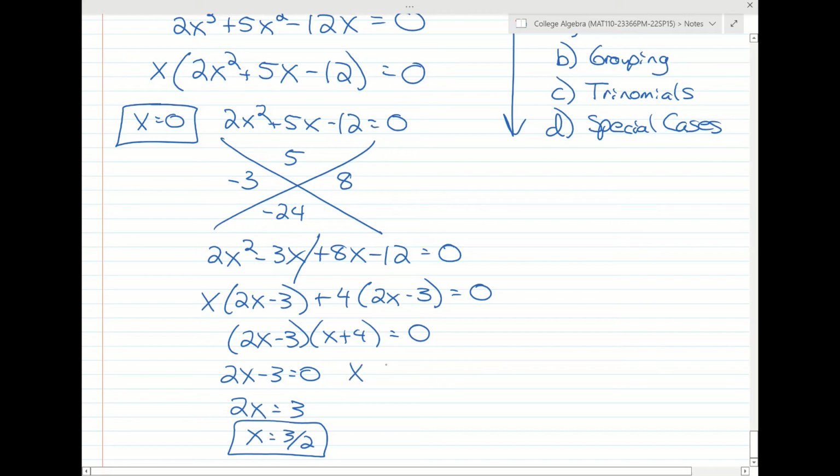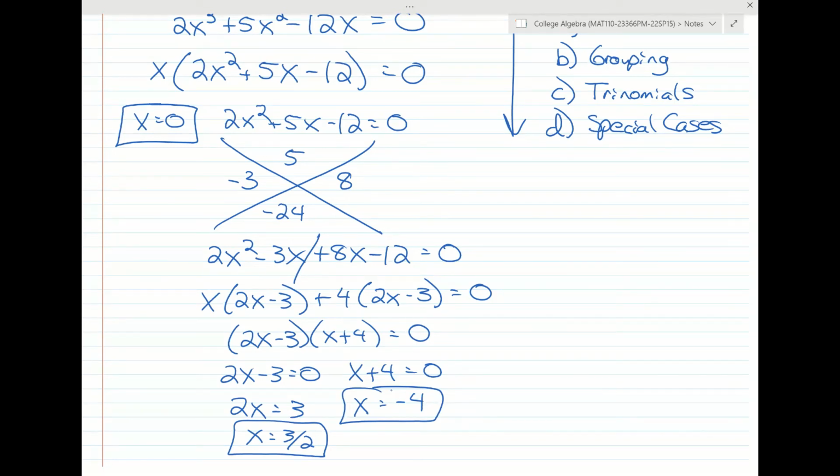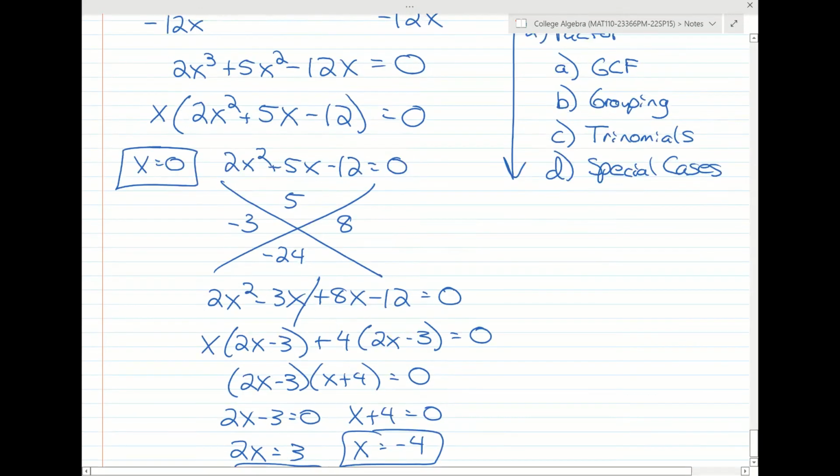And then this one. All right, we're supposed to get 3 roots, and we did.